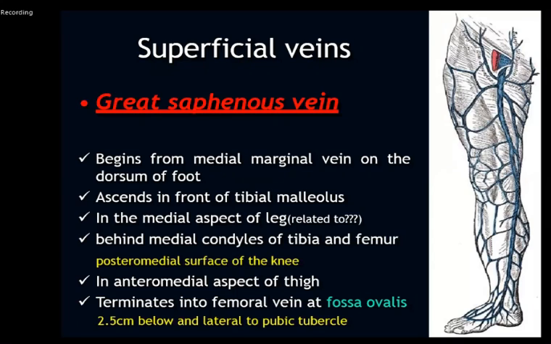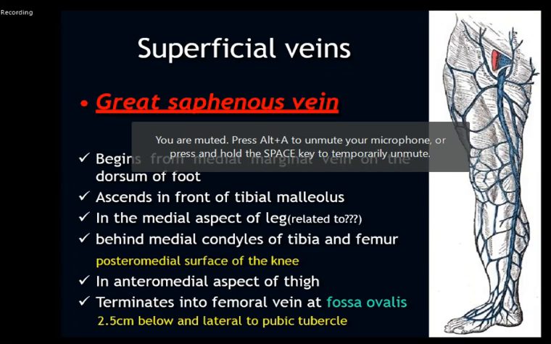It ascends in front of the tibial malleolus, and then goes up the medial aspect of the leg, and then goes behind the medial condyles of the tibia and femur, and then goes on the anteromedial aspect of the thigh and terminates into the femoral vein at the fossa ovalis, which is 2.5 centimeters below and lateral to the pubic tubercle.